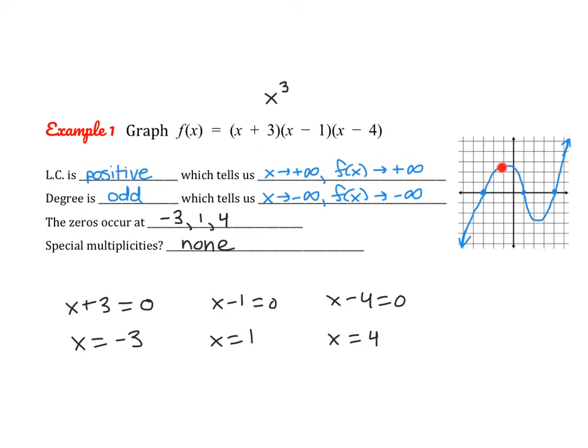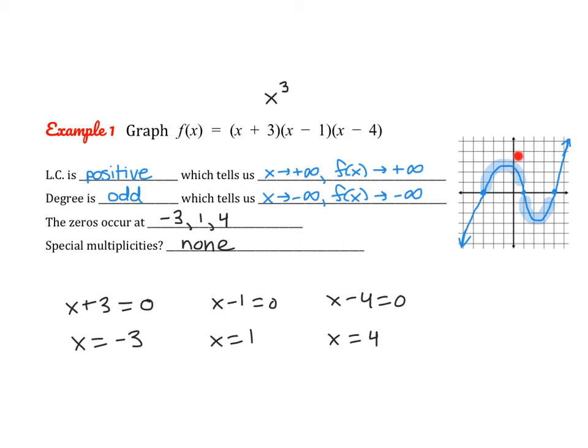Now, in terms of what's going on in between, so this area right here, and this area right here, we could get a more accurate graph simply by making a t-chart and finding more x values, but this is just a rough sketch of our graph.